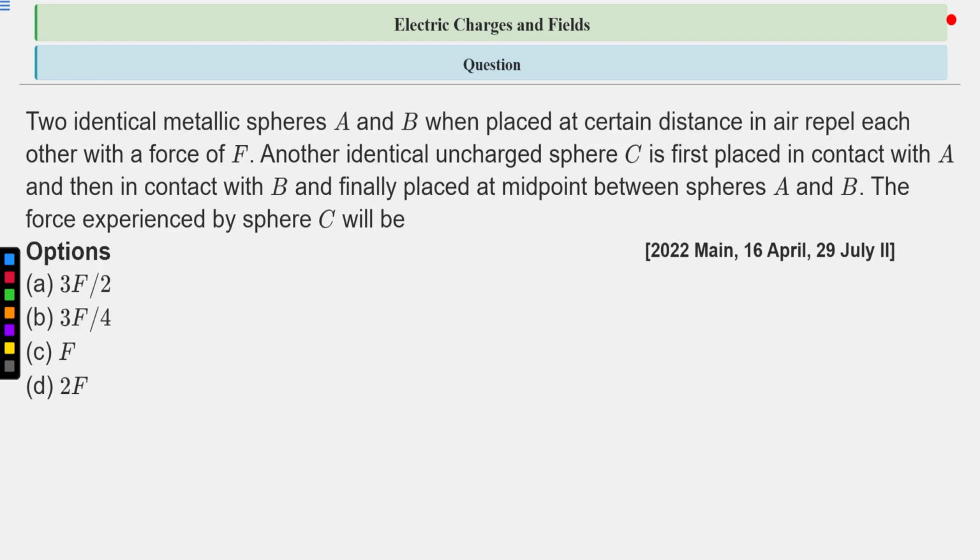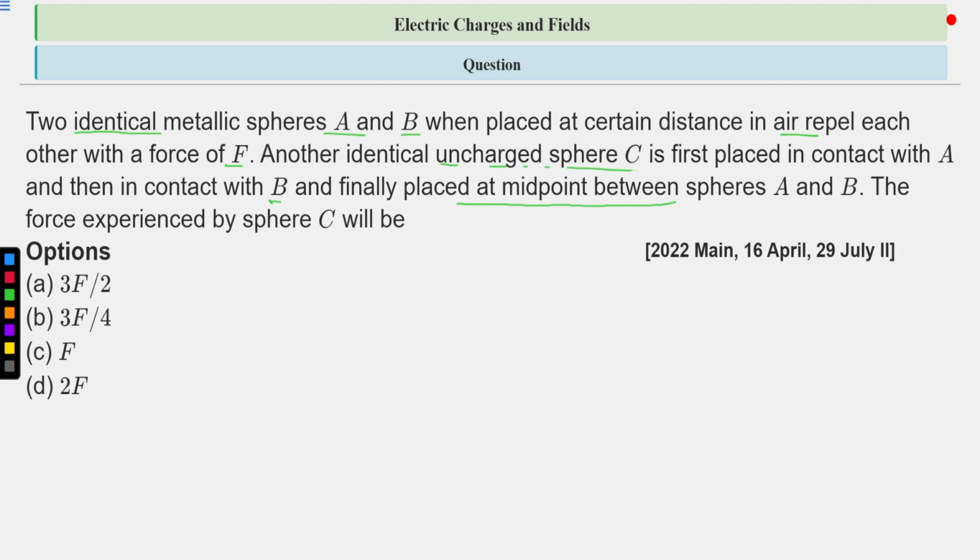Next question is, two identical metallic spheres A and B, when placed at a certain distance in air, repel each other with a force of F. Another identical uncharged sphere C is first placed in contact with A and then in contact with B and finally placed at the midpoint between the spheres A and B. Find the force experienced by the sphere C. Now two identical metallic spheres, A and B, are charged.